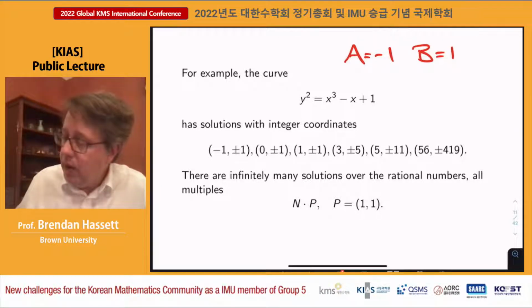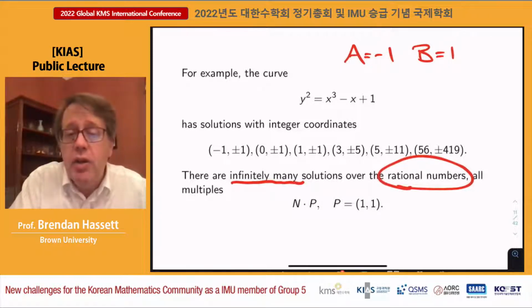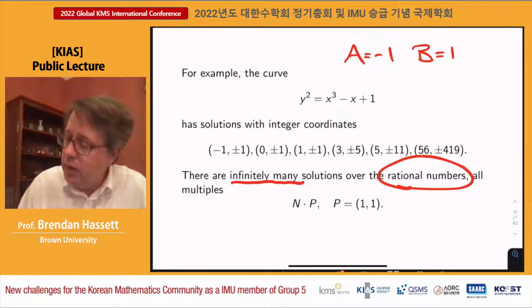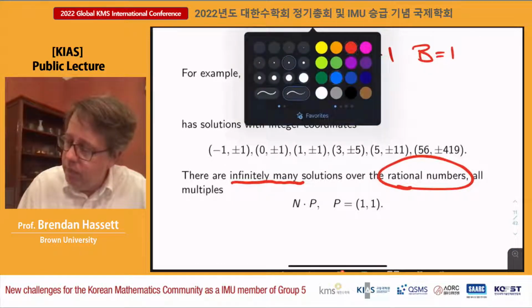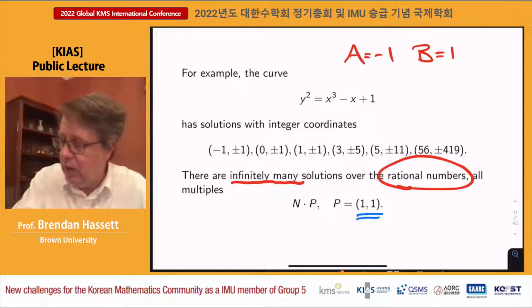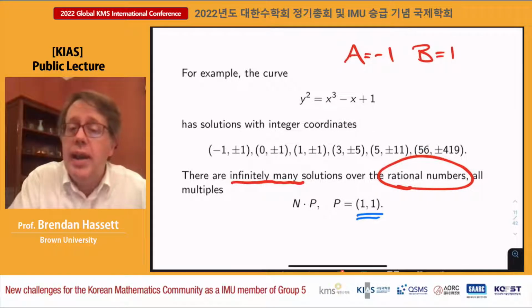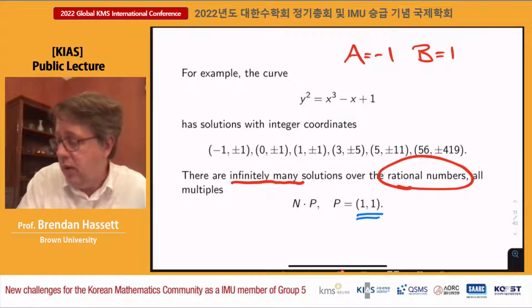In fact, we have altogether infinitely many solutions over the rational numbers, but they have a nice structure. So the solution that we indicate here, (1, 1), which is the fifth solution on my tabulation, we can use as a generator of all the solutions under this addition operation.